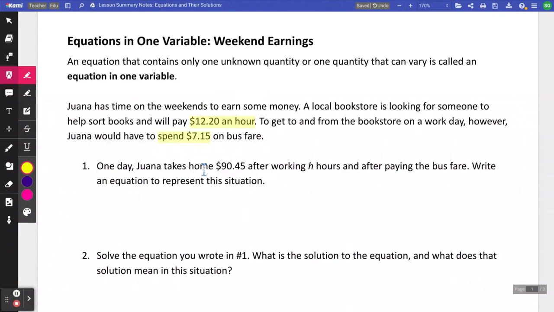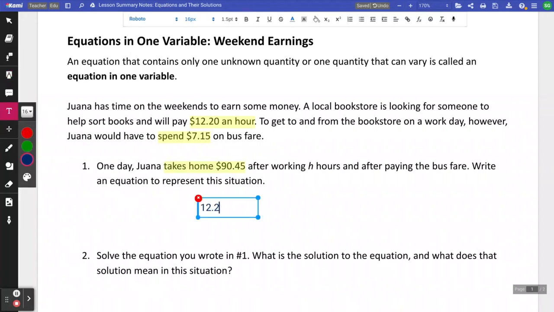Using that information and the fact that she takes home $90.45, I can come up with the equation of 12.20h minus 7.15 equals 90.45. The 12.20h is coming from the fact that she makes $12.20 every hour. And then she's spending $7.15 on the bus fare.